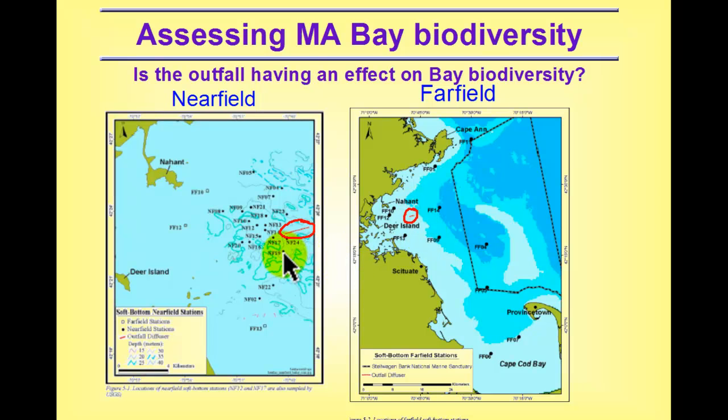We'll see all of the stations, but I'm just going to focus on 4 stations from each data set. NF17 is located very close to the outfall. It's a sandy station, with very little silt clay, and it's dominated by 2 tube-building amphipods. Near field 2 is a station that is next to a sandbank.